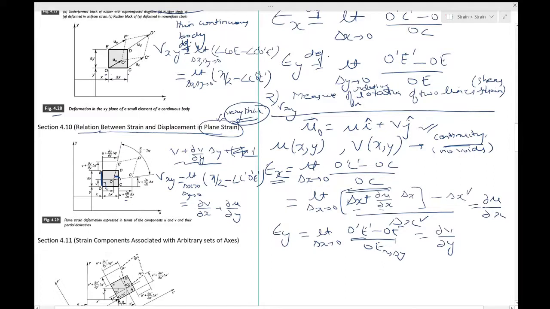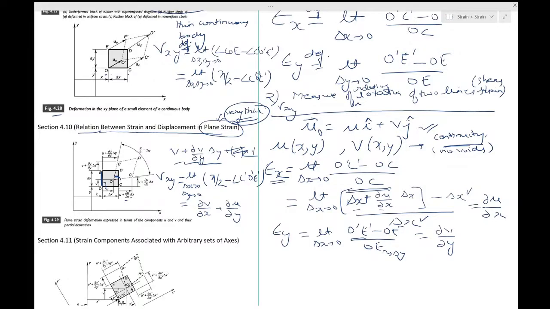Please don't leave anything at this stage in which you are not clear how things have come up. Okay, so you should be very clear by this stage how the angle C dash O dash E dash is actually written as is written in your book. Okay, so that's how it is given.